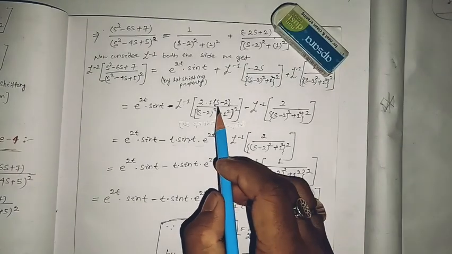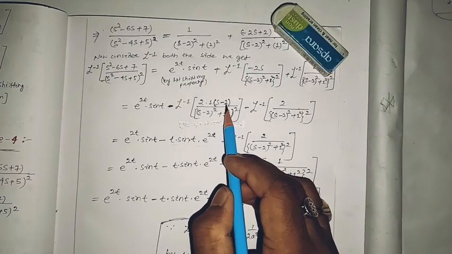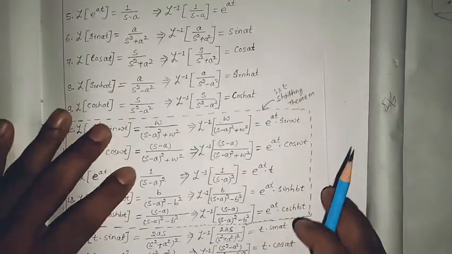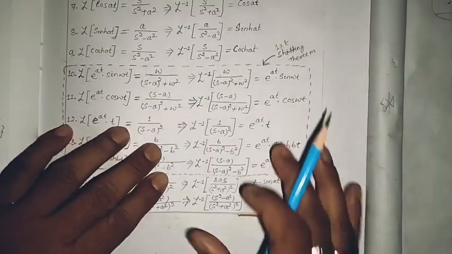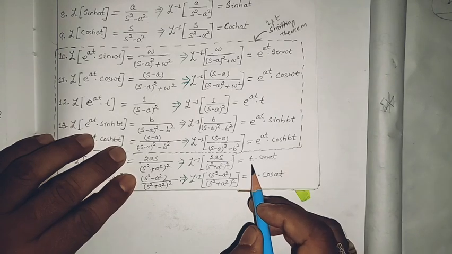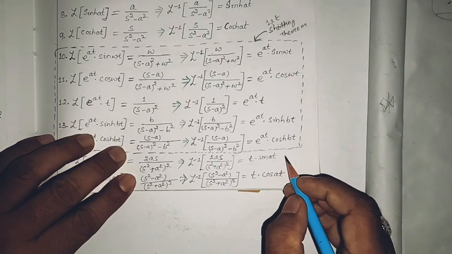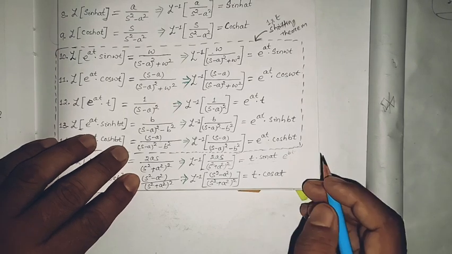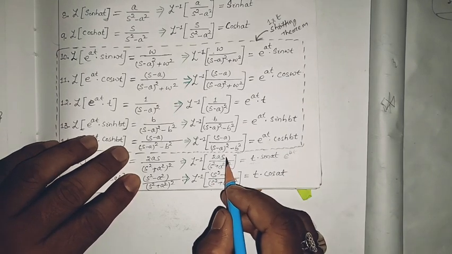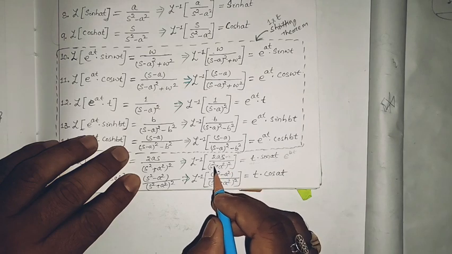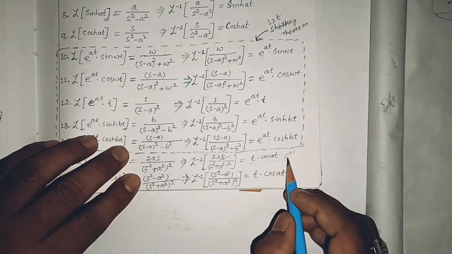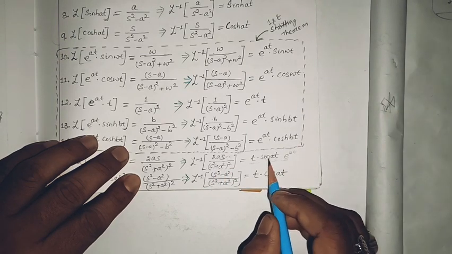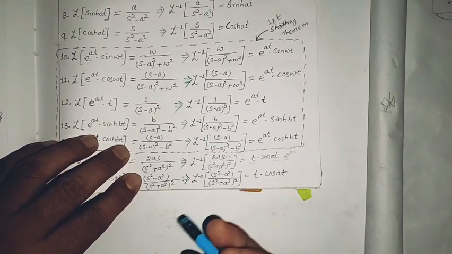But in our case, instead of s it is s minus 2. S minus 2 means we have to use the first shifting theorem, right? Instead of this answer we have to write e to the power bt, for s minus b. If here it is (s minus b) square, then the answer will be e to the power bt into t sine at by using the first shifting theorem.